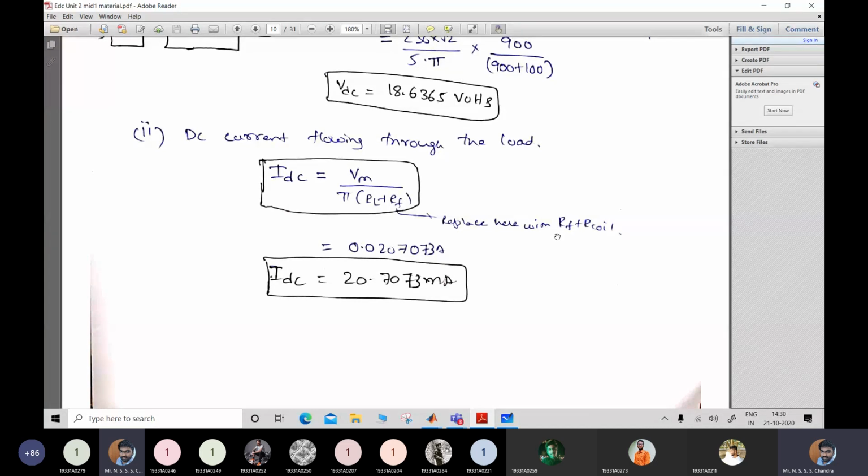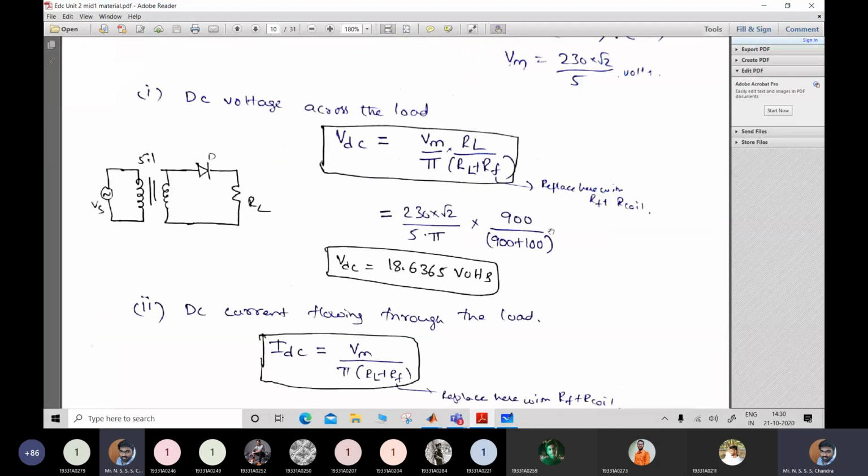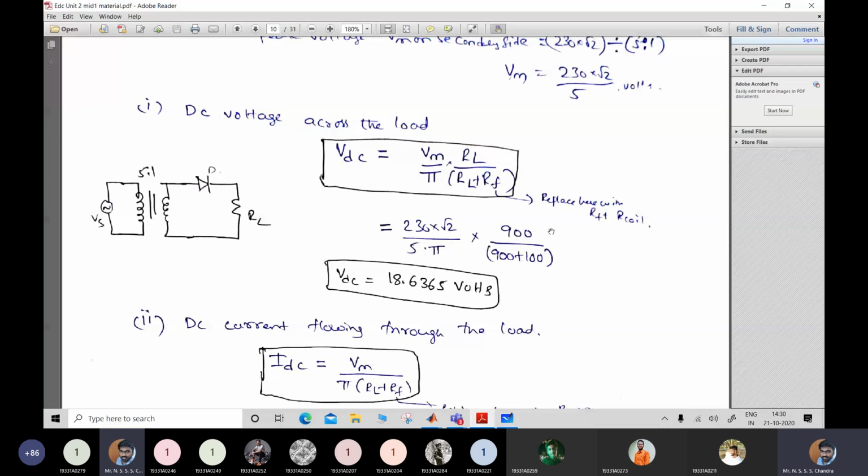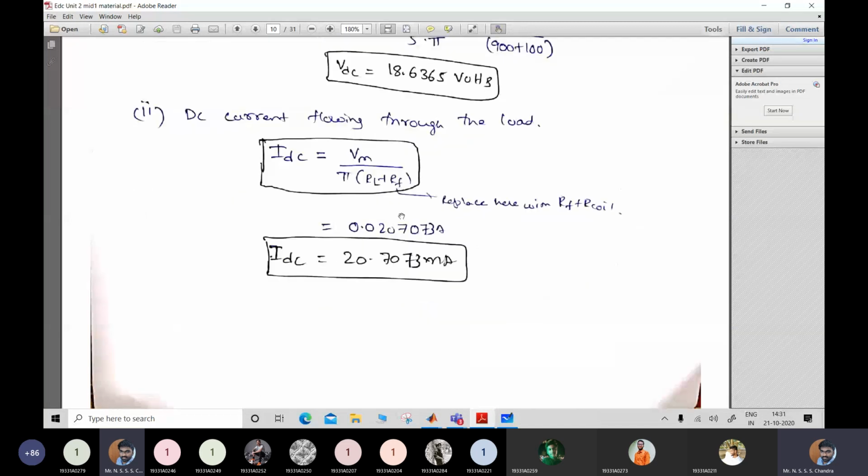So your VDC is equal to Vm by pi into RL by RL plus RF. If you neglect this RF term, we cancel RL and RL and simply write Vm by pi as the DC voltage. But if you are not neglecting it, it will be Vm by pi into RL by RL plus RF. Similarly in IDC also you will get this RF term.